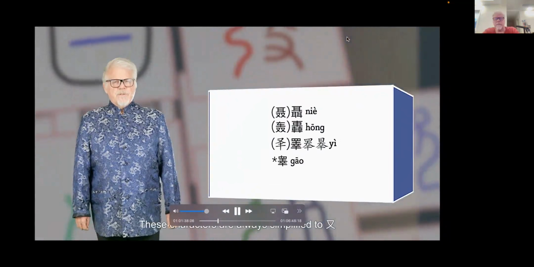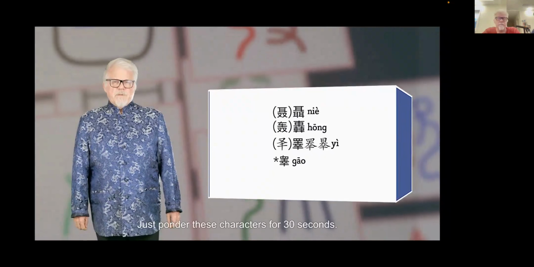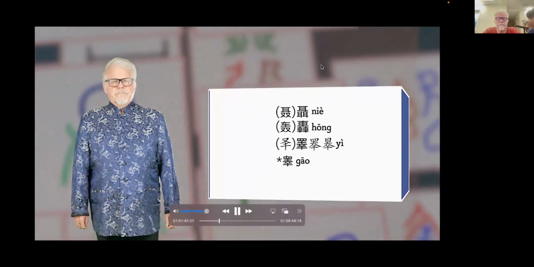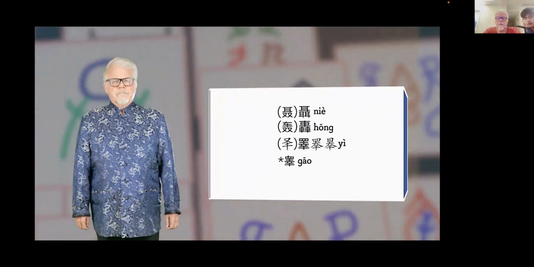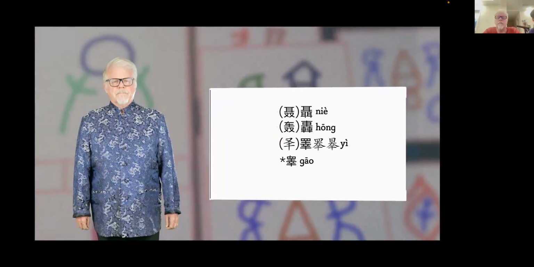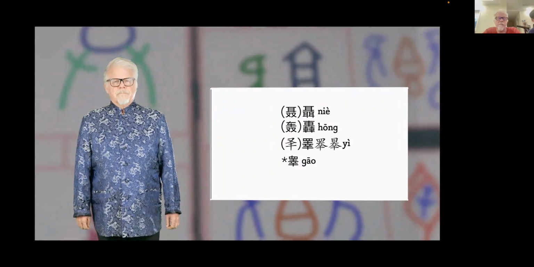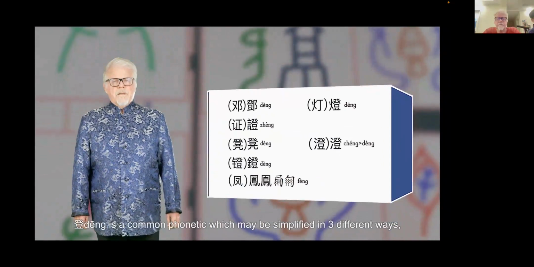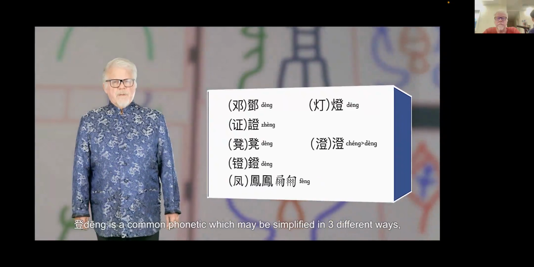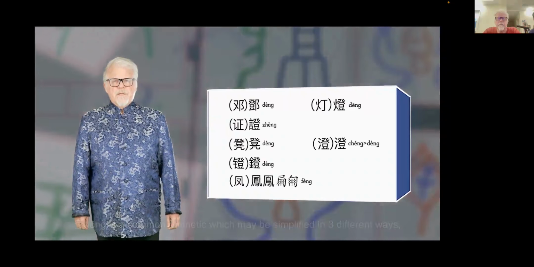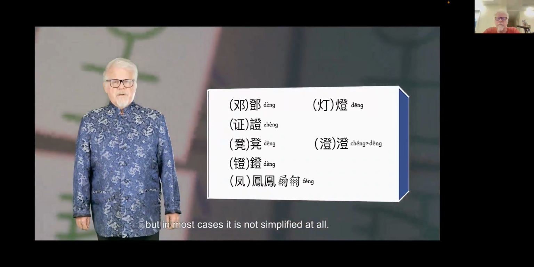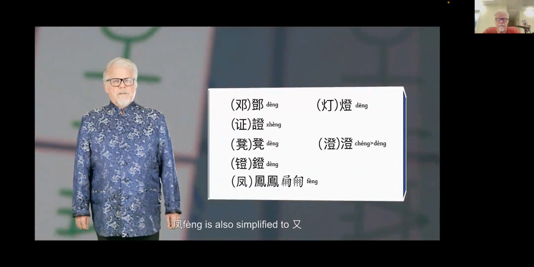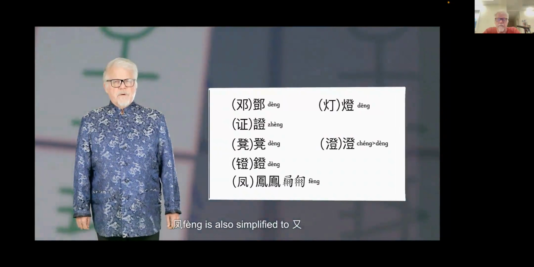These characters are always simplified to yo. Just ponder these characters for another 30 seconds. Deng is a common phonetic which may be simplified in 3 different ways, but in most cases it is not simplified at all. Deng is simplified to yo. Feng is also simplified to yo.